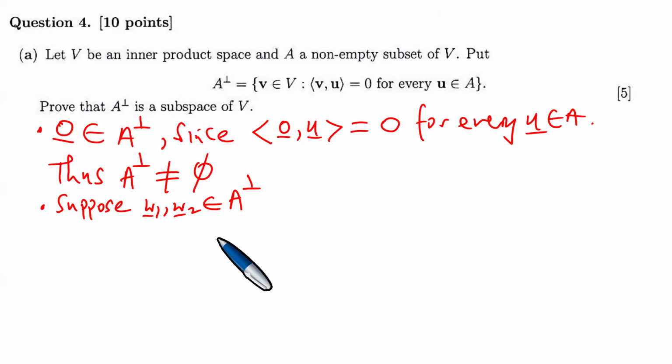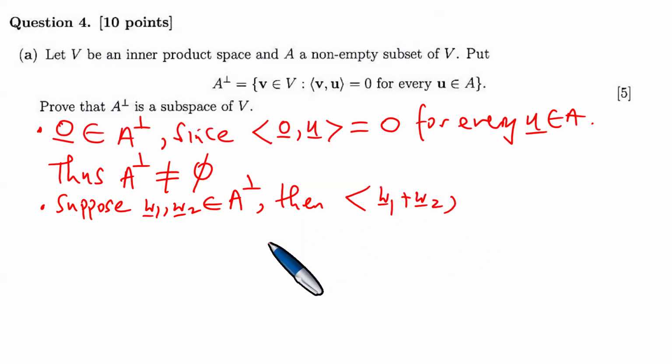I can see that your lecturer even made the things very complicated. But the easiest thing is to say, you suppose that W1, W2 are in W perp. Then you take the inner product of the sum. You just add them up like this. So now the things that are first, because in this inner product, you have V in V.